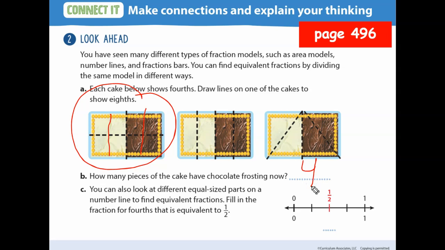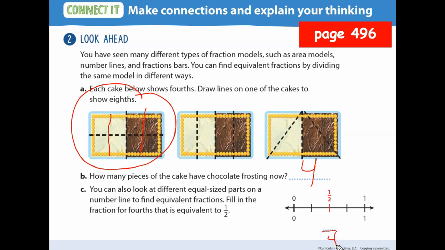Okay, you can also look at different equal sized parts on a number line to find the equivalent fraction. Fill in the fraction for fourths. So I have halves. Again, how many fourths is a half? So my denominator is going to be 4.